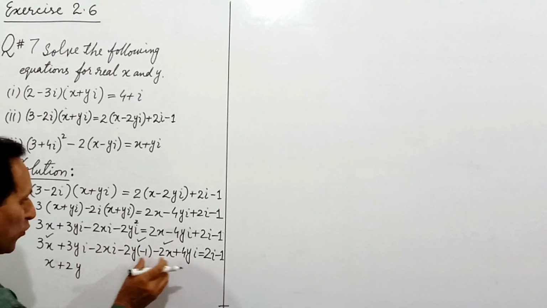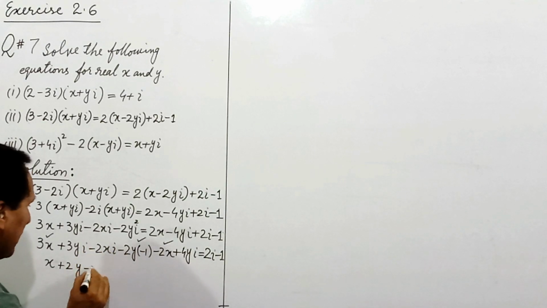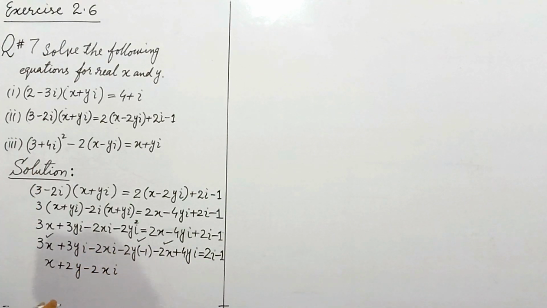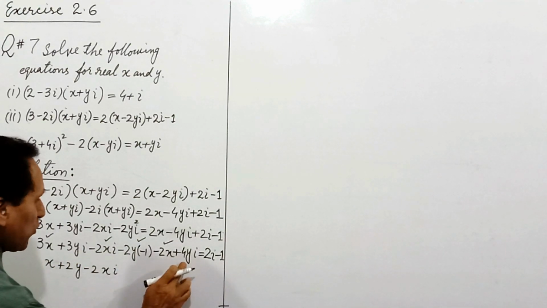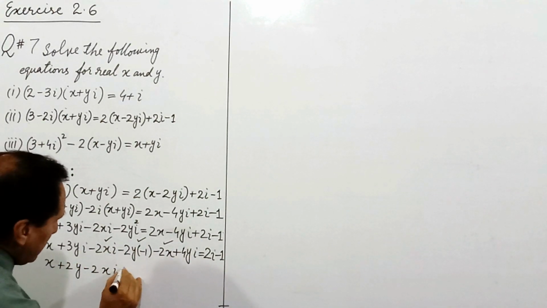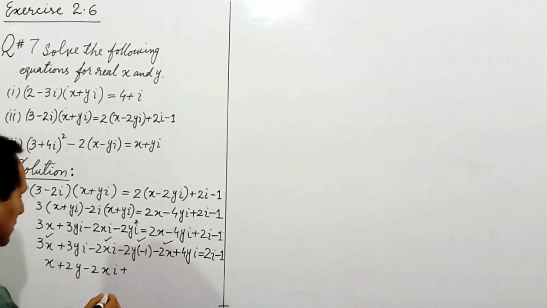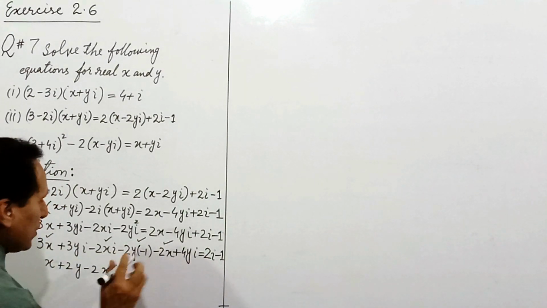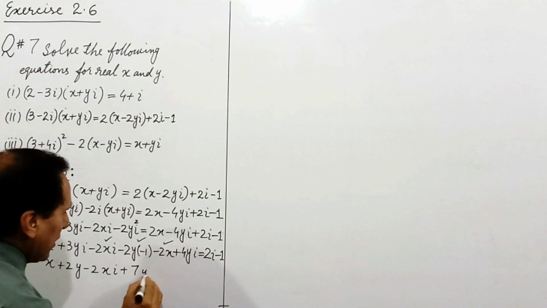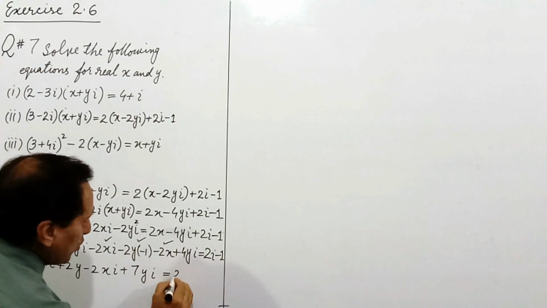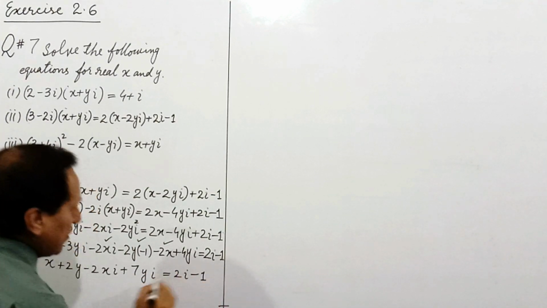Is there any other value of 2xi? No, so we write minus 2xi. Next value 3yi and plus 4yi. Like terms have the same sign, so we do addition: 3 plus 4, 7yi, equal to 2i minus 1.